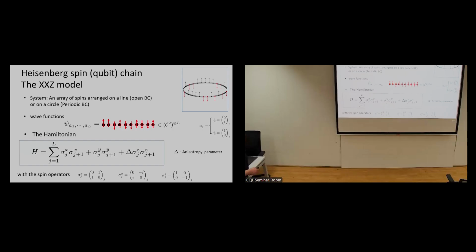And the system is governed by the Heisenberg Hamiltonian, sigma x sigma x nearest neighbor, plus sigma y sigma y, plus sigma z sigma z, and I can add an anisotropy parameter delta. When delta is 1, the system is SU(2) invariant. And the sigma operators here are just the spin operators, Pauli matrices.